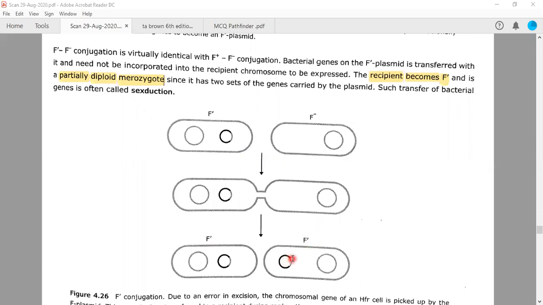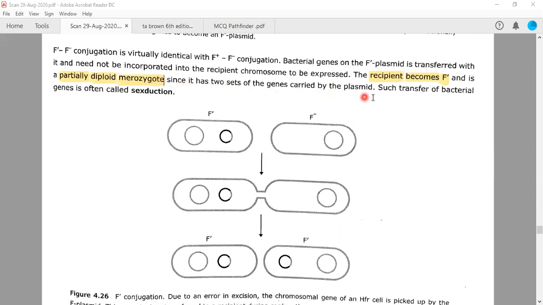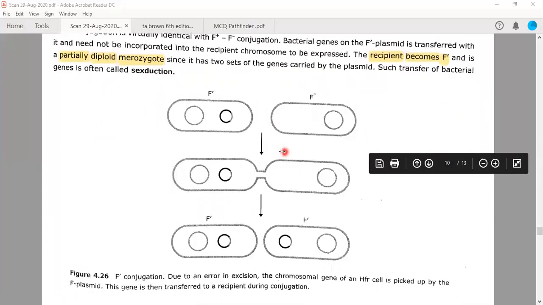And the second thing, since it is carrying some genes from the bacterial chromosome, it will become partially diploid, that is called merozygote or merodiploid, whatever you call. Since it has two sets of genes carried by the plasmid, such transfer of bacterial genes is called sexduction. So this special type is called sexduction.